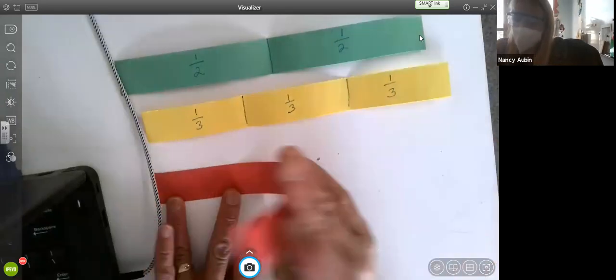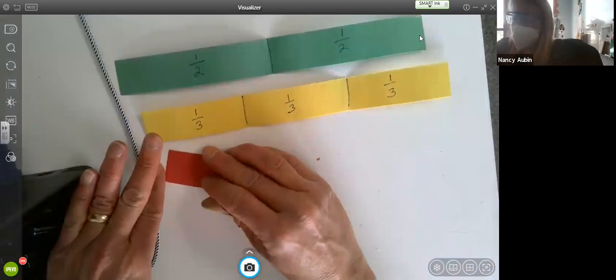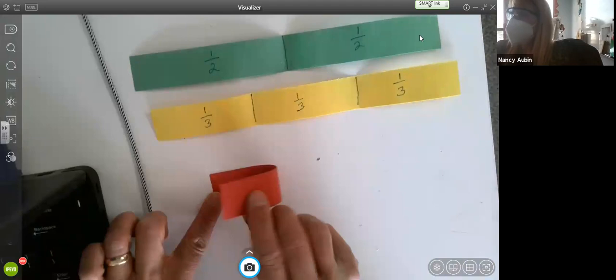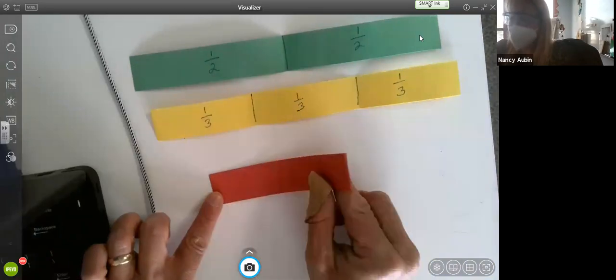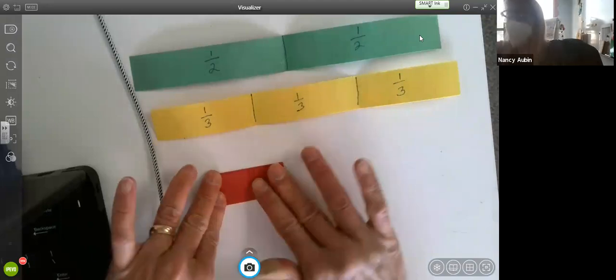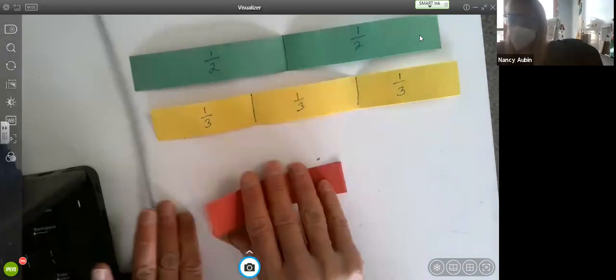And now I have 2 halves, but I want fourths. Make it another half because 2 times 2 equals 4.